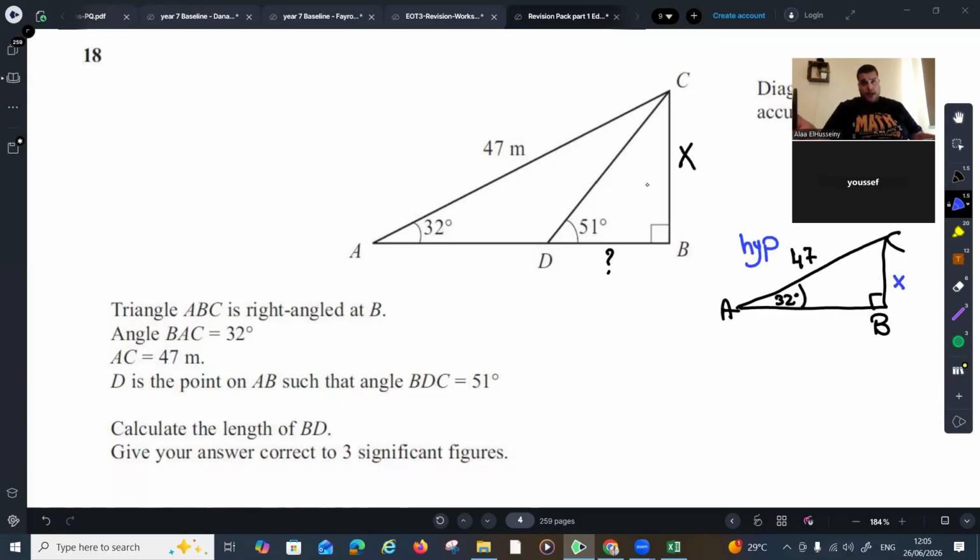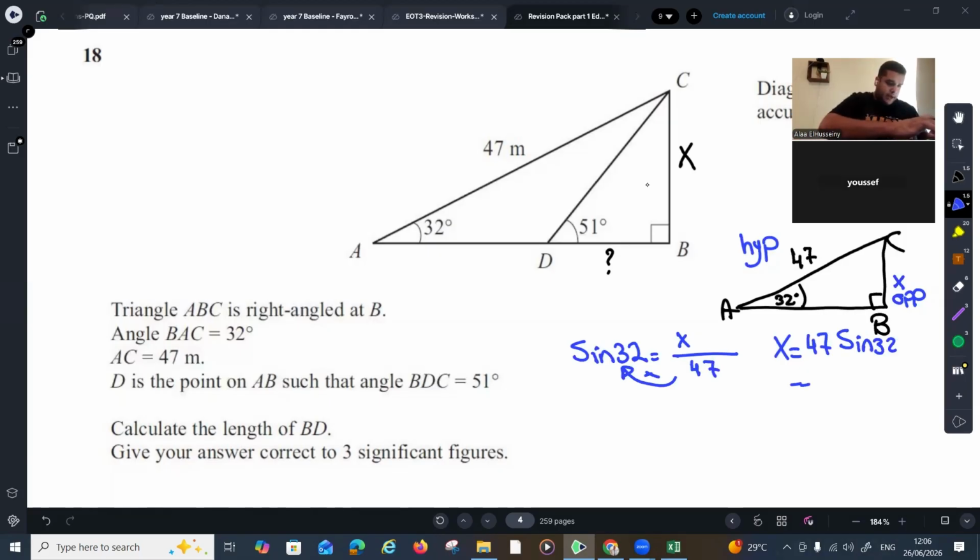So x is my opposite, BC is my opposite. So sine 32 equals the opposite, which is x, over the hypotenuse, which is 47. Gonna move the 47 with times. So x is gonna be 47 sine 32, which is what?